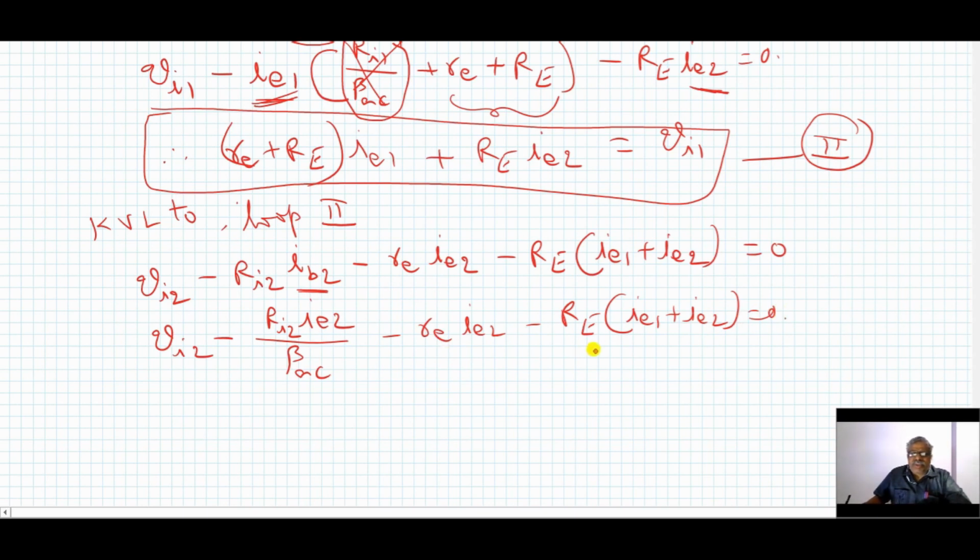Again, in comparison with the other components, as we have seen earlier, this component will be negligibly small, hence can be neglected here itself, and take Ie2 common from this and rearrange the terms.